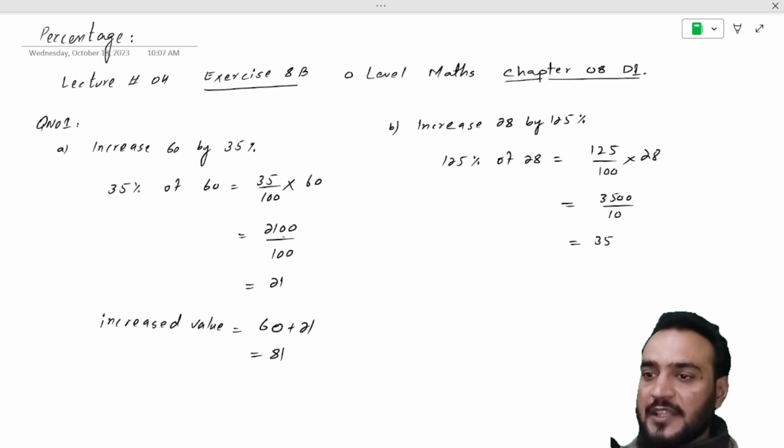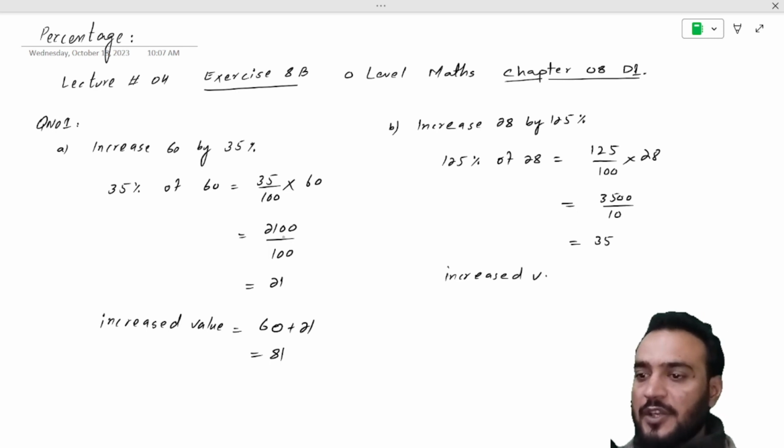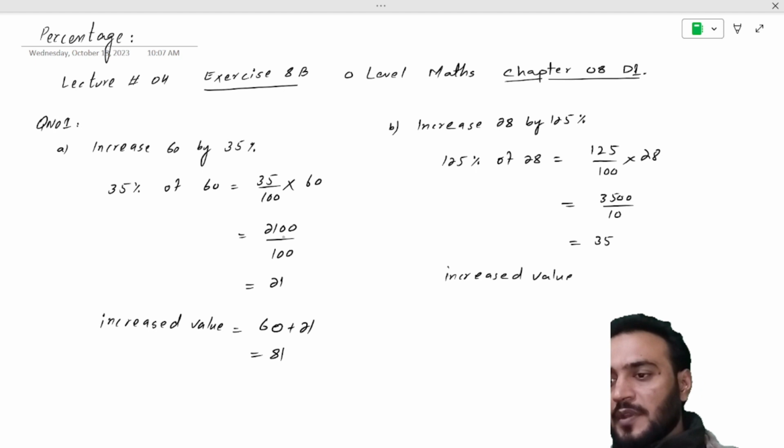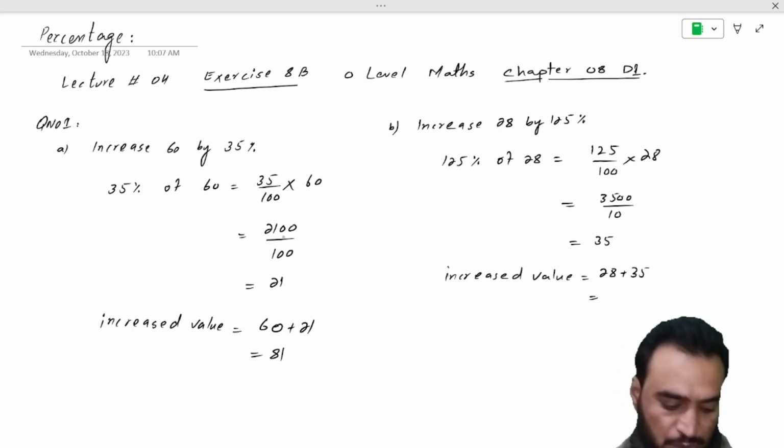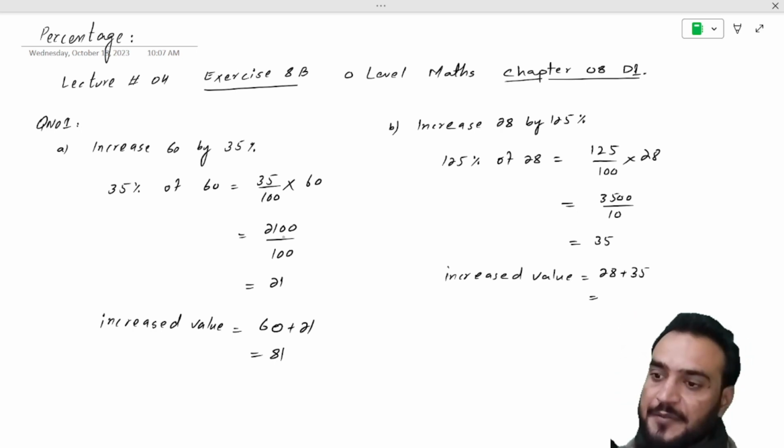So let us increase 28 by 35. Increased value is equal to 28 plus 35, which equals 63. So this is the answer of part B.